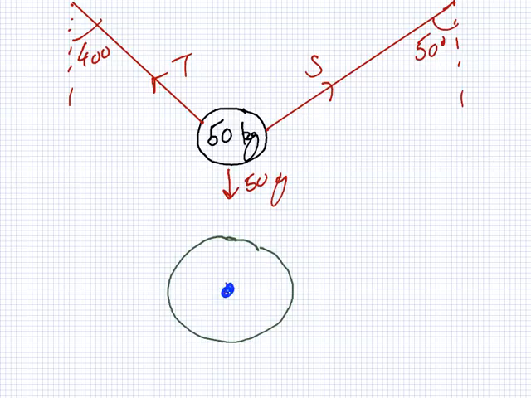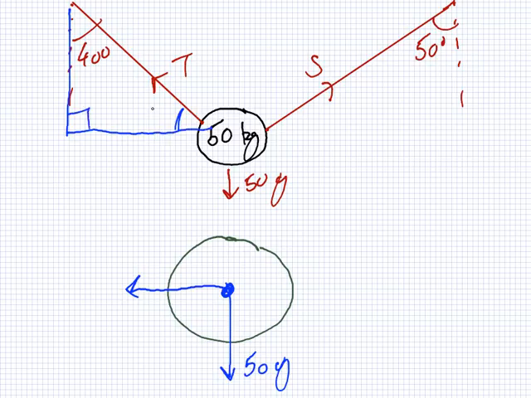So this is 50G. And if that's 40, what's this angle here? If I draw a triangle, if that's 40 and that's 90, then this is 50. And likewise, what's this one here?